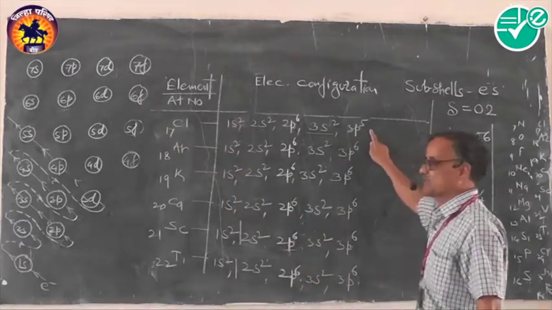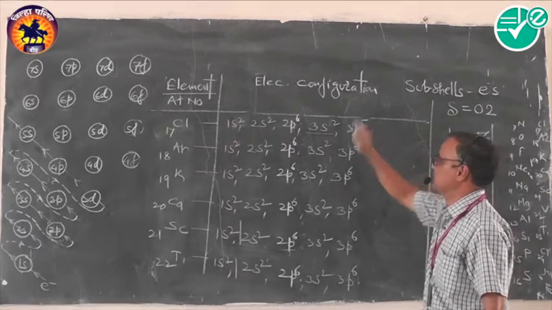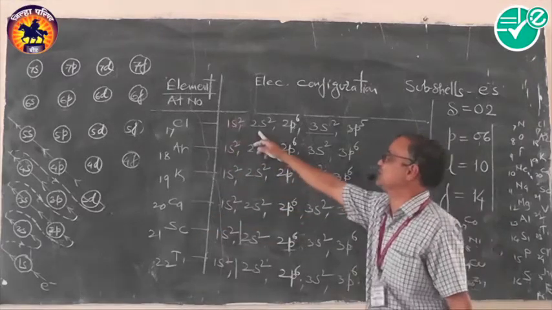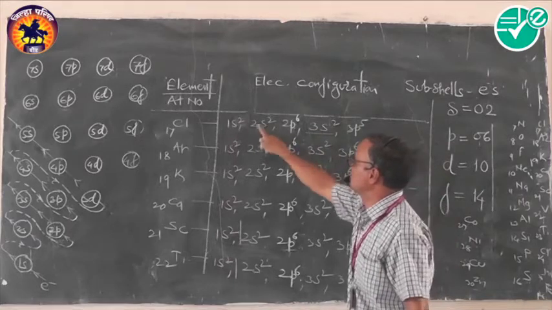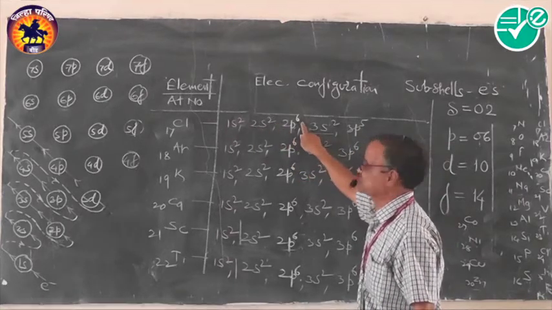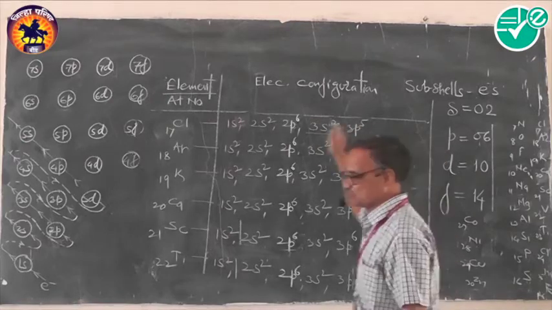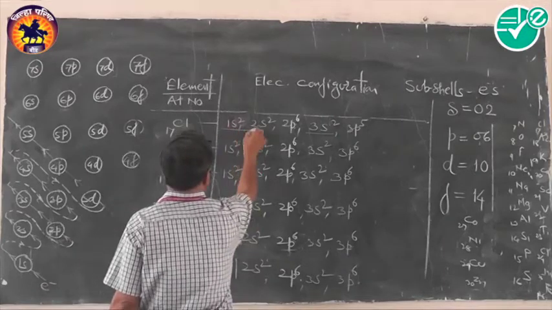Only 5 electrons are added. 3p4 in case of sulfur, 3p5 in case of chlorine. The electronic configuration of chlorine becomes 1s2, 2s2, 2p6, 3s2 and 3p5. 2 plus 2, 4, 4 plus 6, 10, 10 plus 2, that is equal to 12, 12 plus 5 equal to 17. So the distribution is like this.